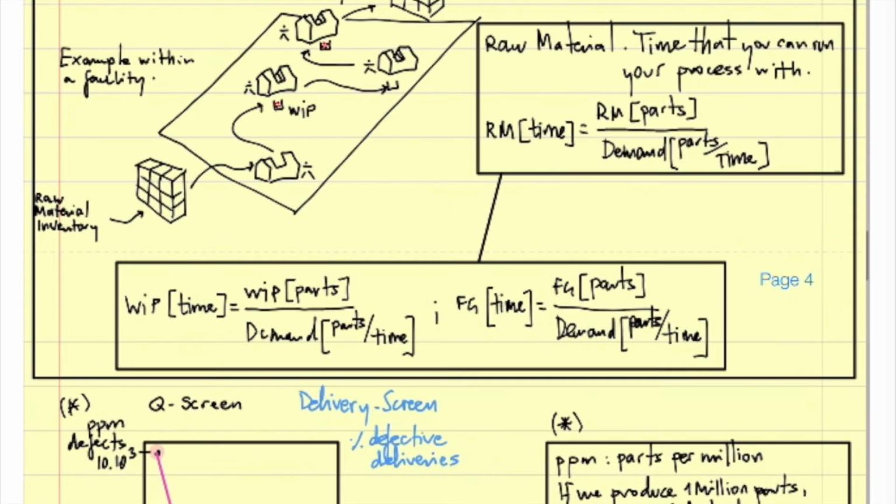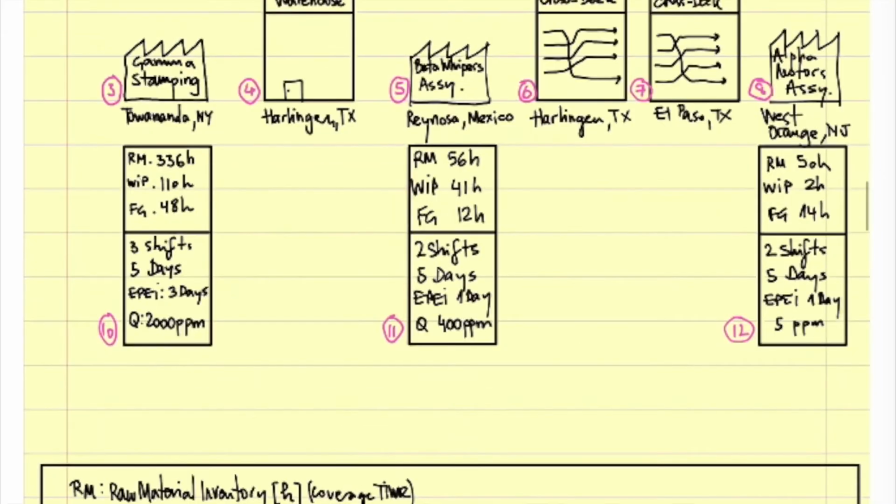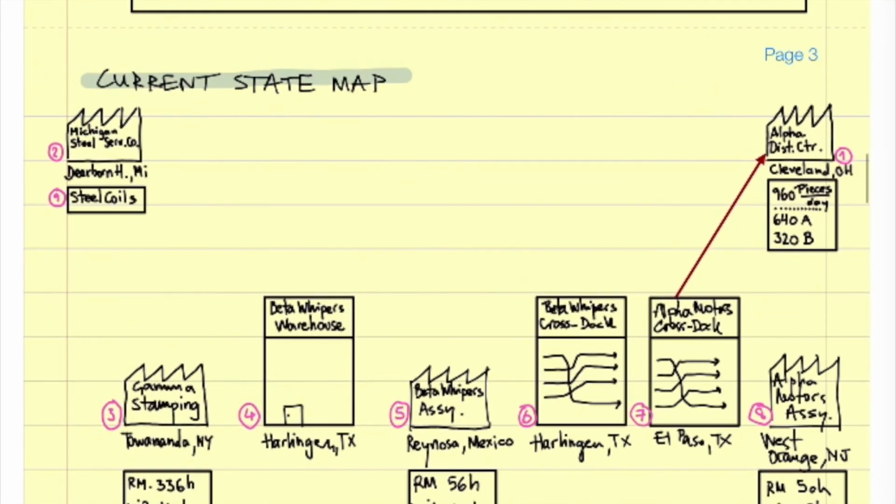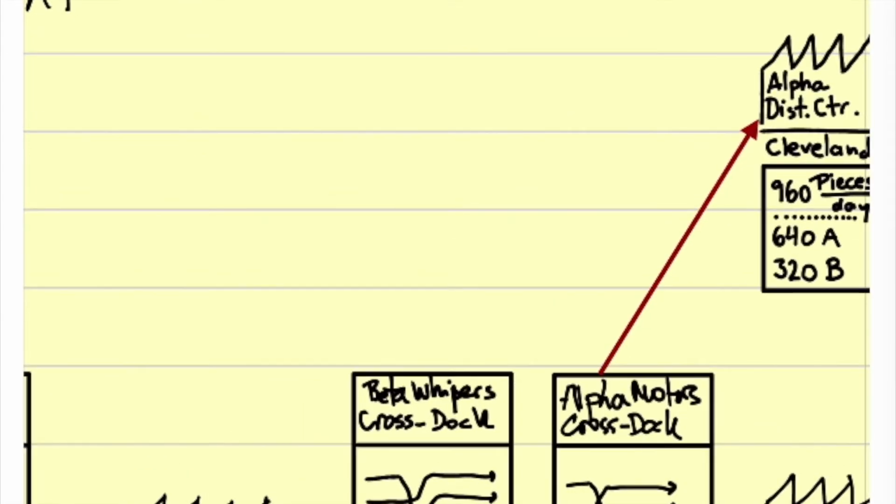So we have our distribution center being delivered, let's say, once every day on a railroad, once a day per train.